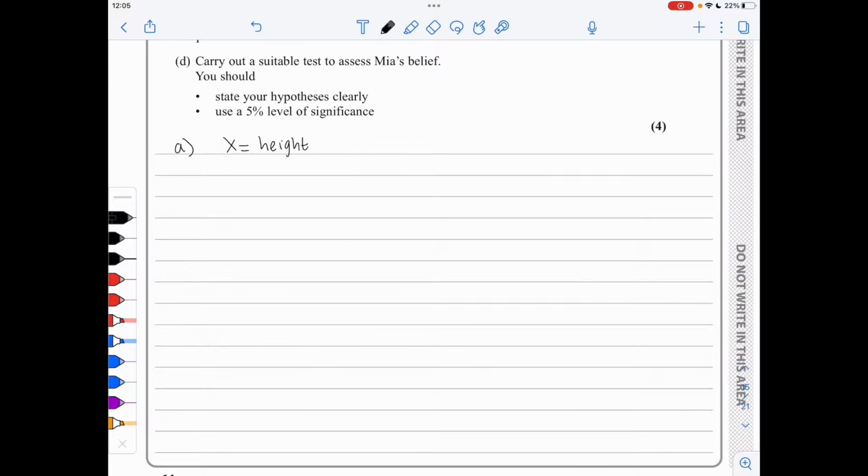We know that it is normally distributed with parameter mu being 166.5 and sigma being 6.1. We have been told that the probability of X less than K is 0.01. I can use the inverse normal function on my calculator to get that K is 152.3.